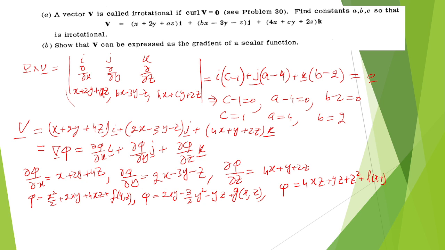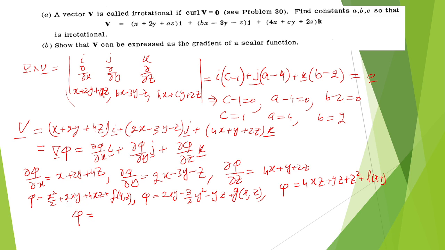So from these three answers we have to find the unknown functions f, g and h. So the answer phi is to be collected in such a way.